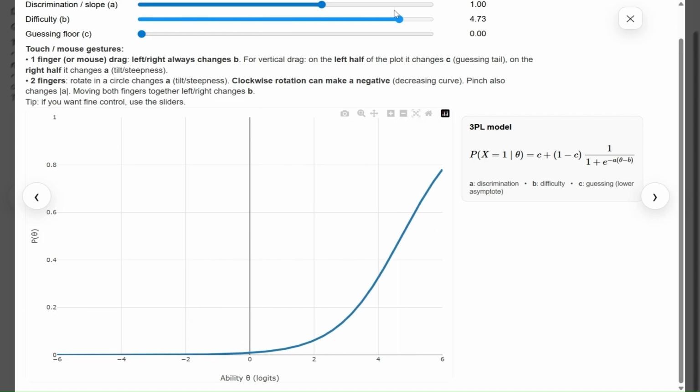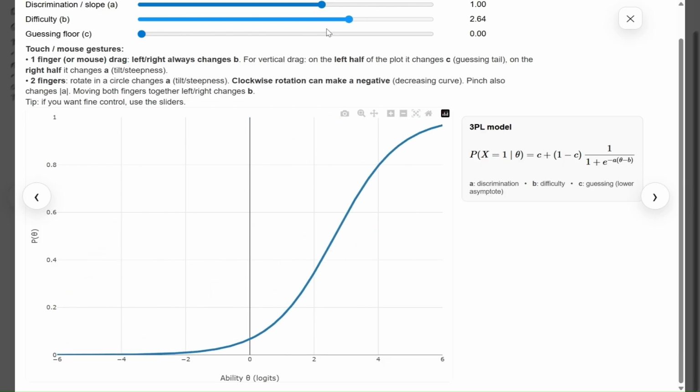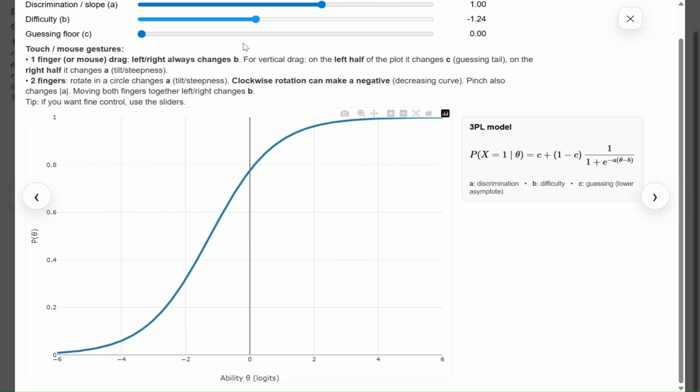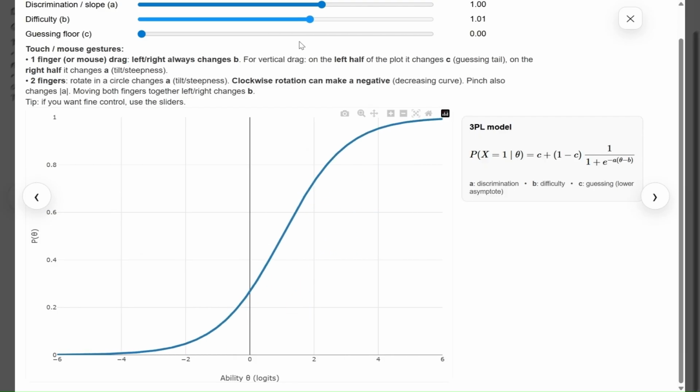This is called one parameter because these functions are only changing according to one parameter. So the family of all such curves that are changing only by that parameter of difficulty is called the Rasch model. So the Rasch model is a family, a set of curves, which have in common the same discrimination of 1 and guessing of 0.